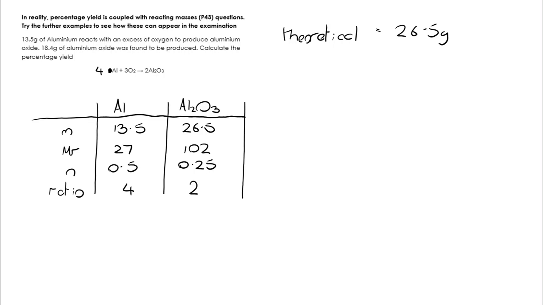We didn't make 26.5 grams, we only made 18.4. So I now go back to my percentage yield calculation. My 18.4 I actually got, divided by 26.5 I should have got, multiplied by 100, and we get 69.43%.